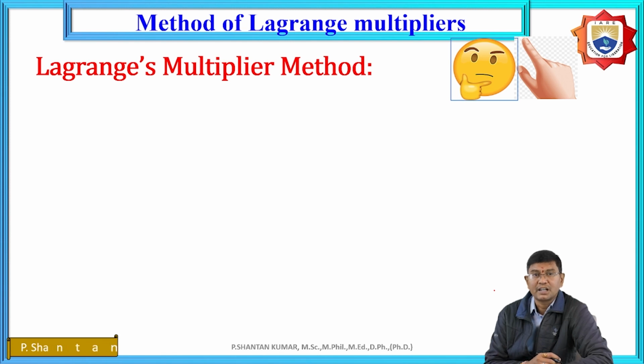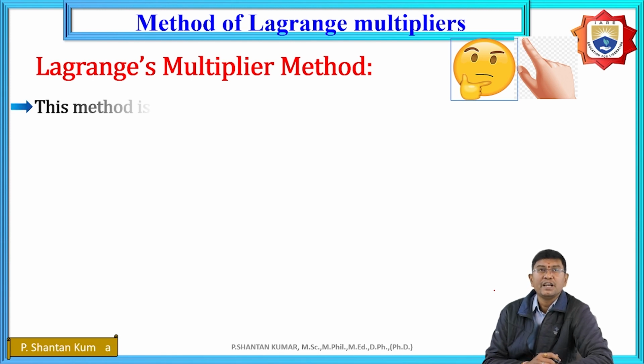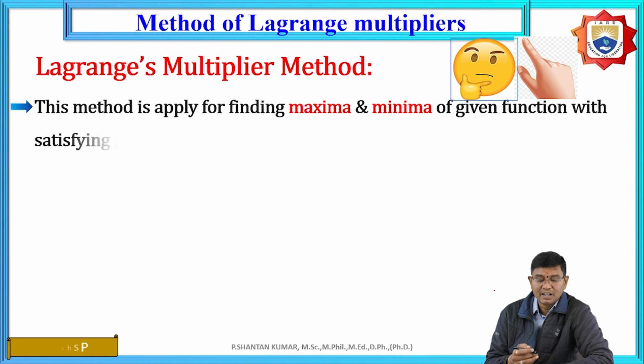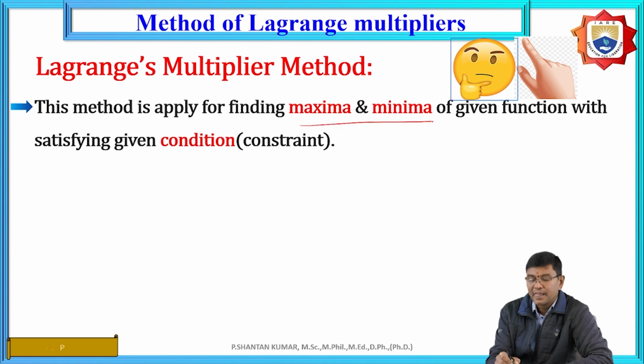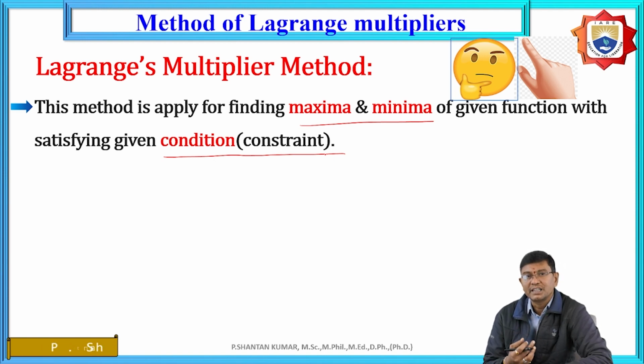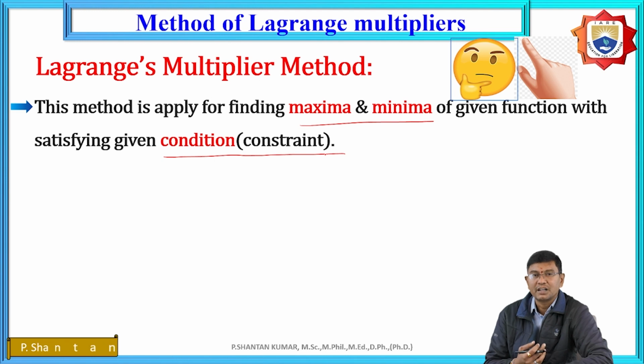What is the working rule under the Lagrange's multipliers method? Here are some important things to remember. This method is applied for finding the maxima or minima of a given function which satisfies given conditions. That means the function is attached with another function that is a constant, which gives the condition.